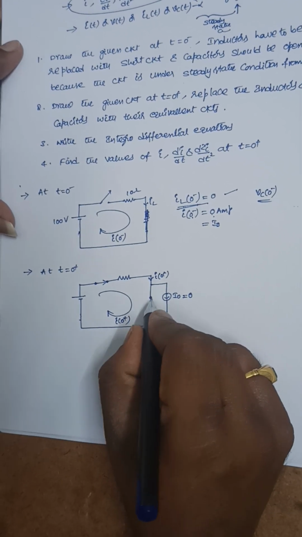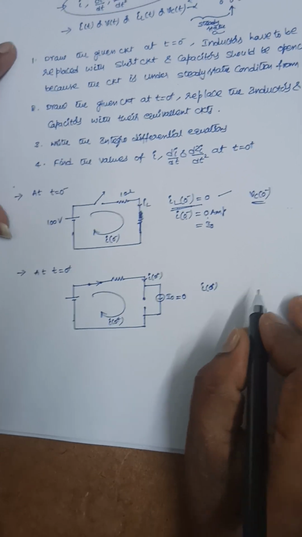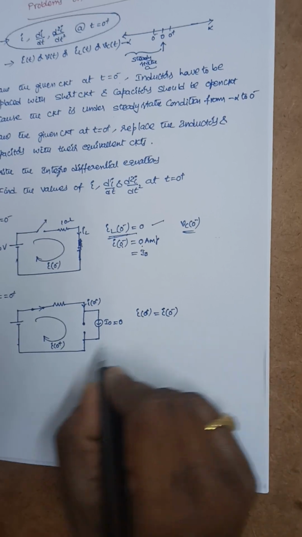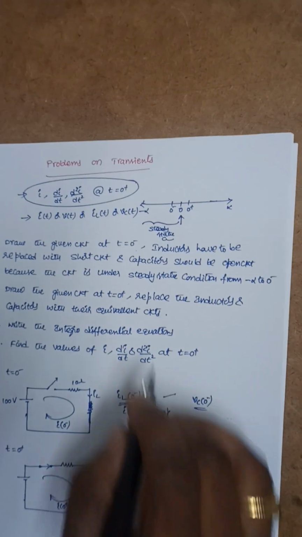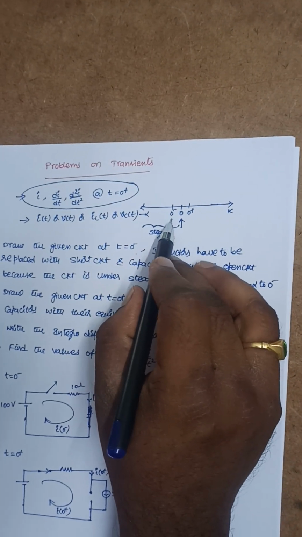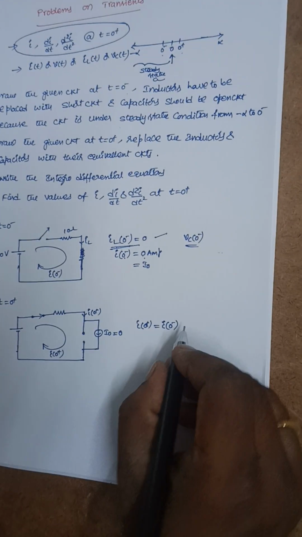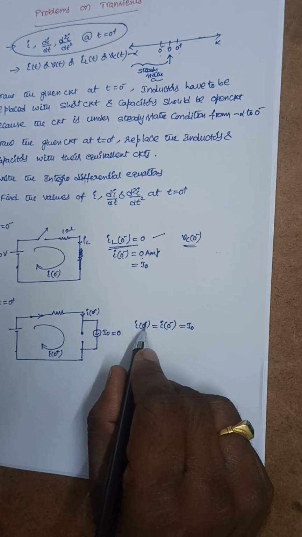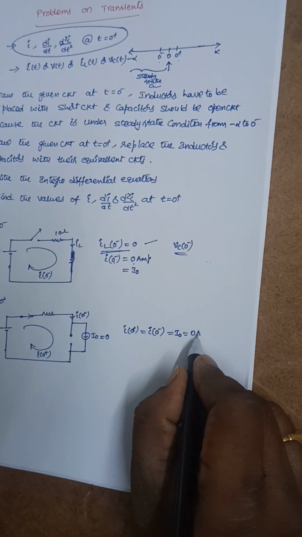Now I of 0 plus is nothing but I0. I of 0 plus is equal to I of 0 minus, because the inductor doesn't allow sudden changes in current. From 0 minus to 0 plus, there will not be any change in the currents. So I of 0 plus is equal to I of 0 minus, whatever current is initially flowing, the same current will flow at 0 plus also, that is I0, which we calculated as 0 amperes.